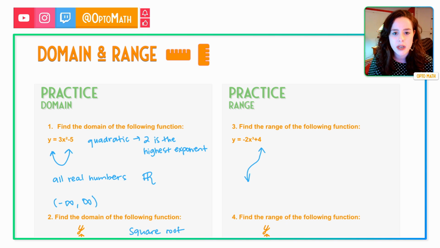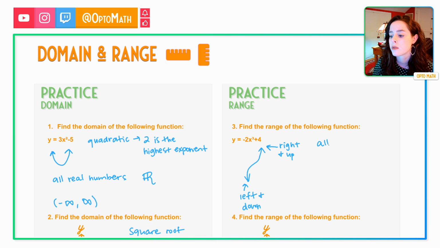I mean, there's only 2 arrows, right? But this guy is left and down, and this guy is right and up. So domain and range are both all real numbers, and we're talking about range here, so let's write all real numbers.